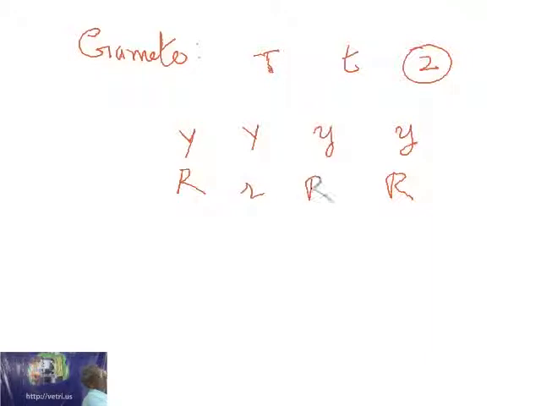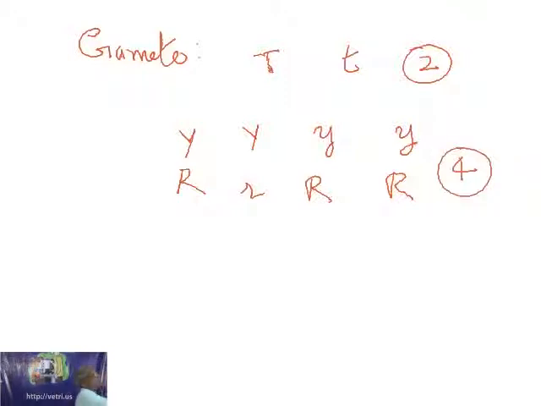Now I am going to teach you what is the general formula for gamete formation. Now for monohybrid, I told you this will be one gamete and this will be another gamete. That is, 2 will be the number of gametes. For a dihybrid, it is capital Y capital R, small y small r, then capital Y small r, small y and capital R. So there are 4 gametes.